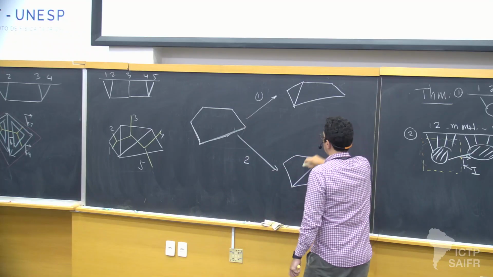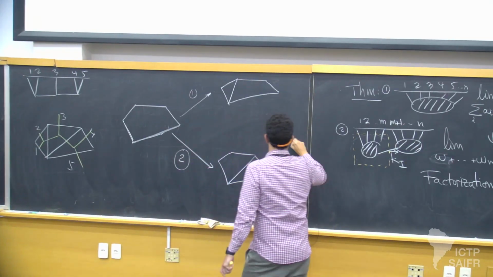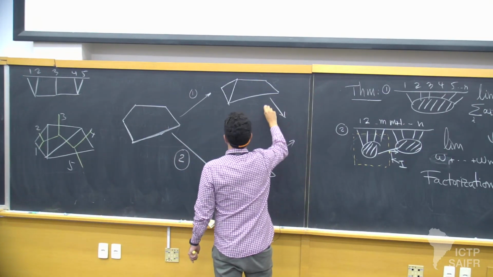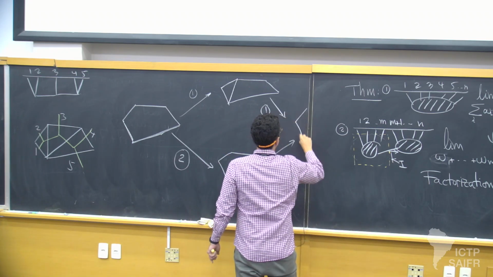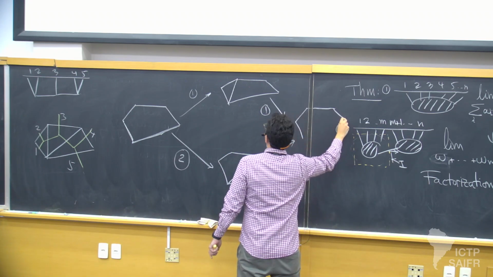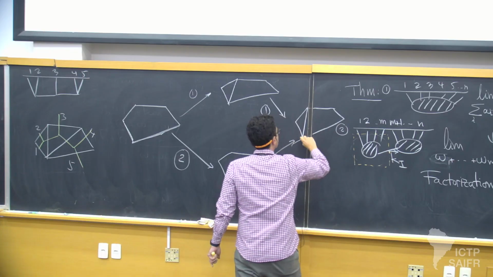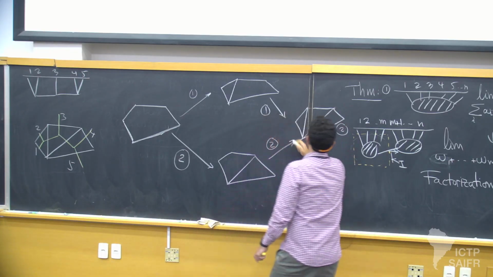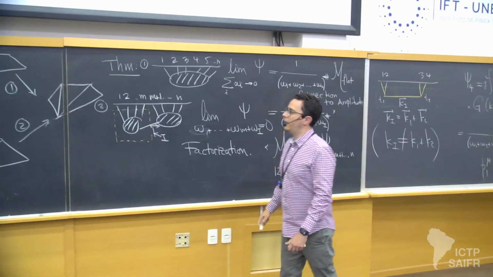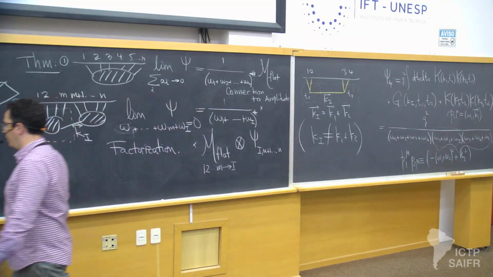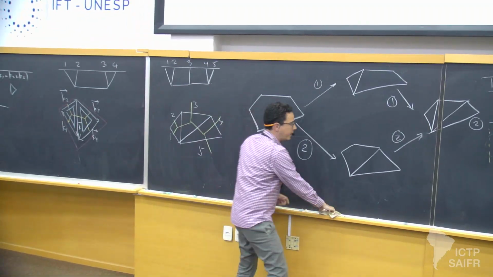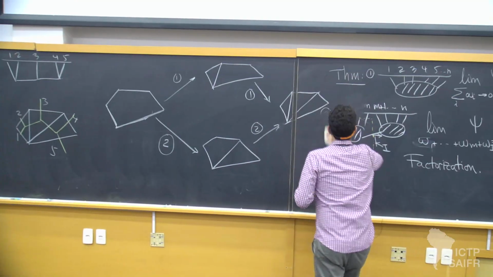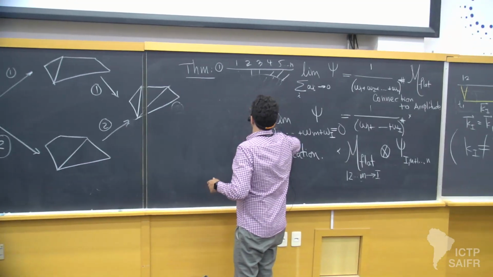And then the second step is you do the opposite. 1, 2, and you get... okay. So those are the two ways of triangulating. And now for every way, you multiply all the perimeters that you end up with. Okay, so let's see how that goes.